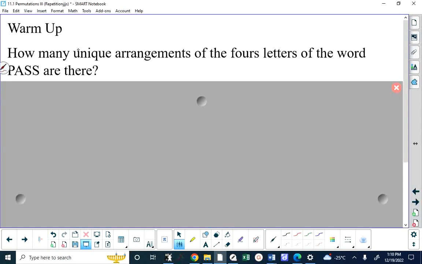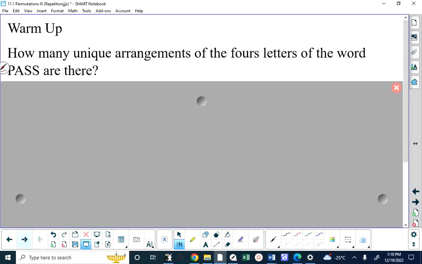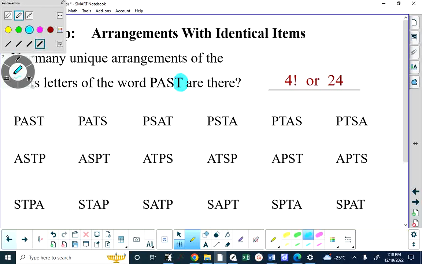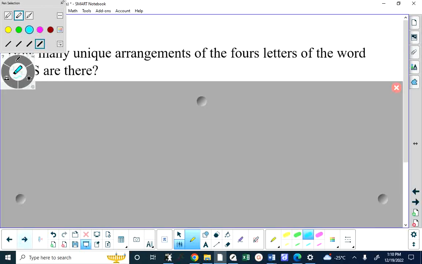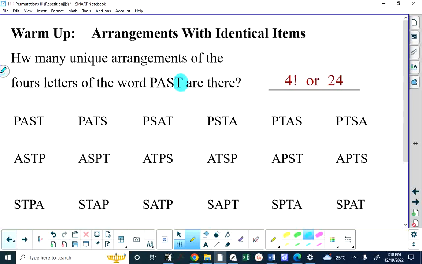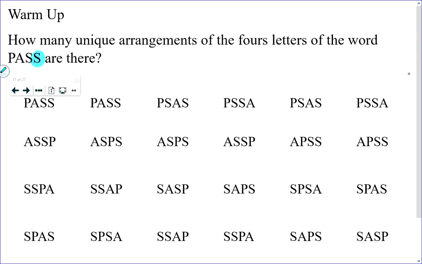What's going to happen is, when you look at the word past and you go to pass, basically what's happened is this T changes to an S, doesn't it? So in this list, every single one of these arrangements, wherever there's a T, that T is going to become an S. And that's what I've done. I've taken that same list and I've changed all of the T's to S's.